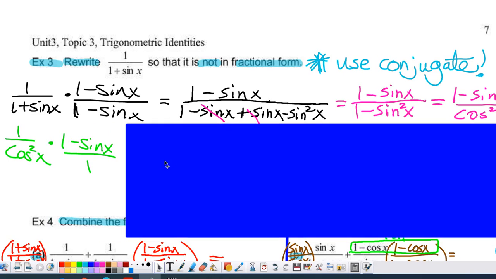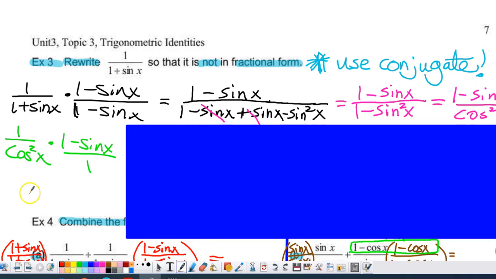From there, again, I am separating the fractions because I don't want any trig function in the denominator. If I separate 1 over cosine squared x and make it, oh, I have it as multiplied. That's not right. It should be subtracting.